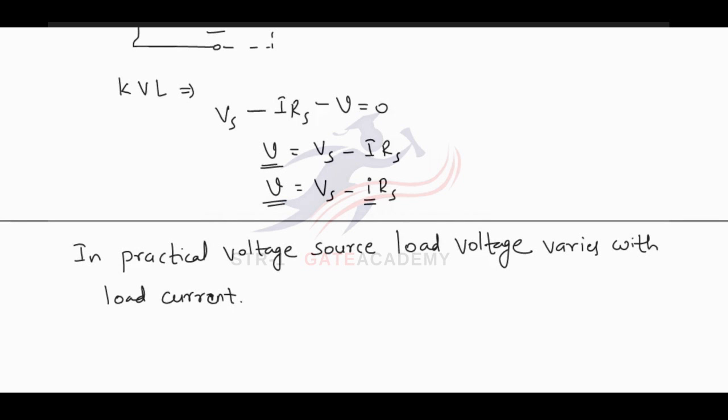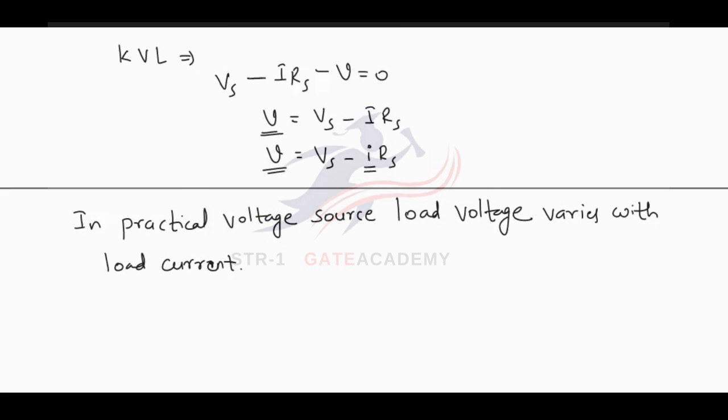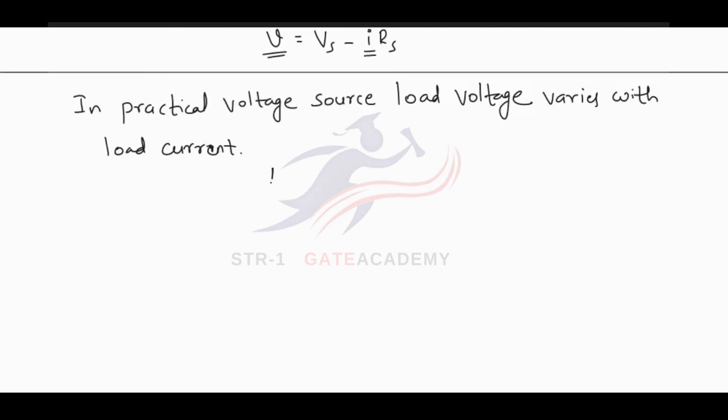Now if I plot this in a graph, first let me consider the previous one. This is for the ideal source.